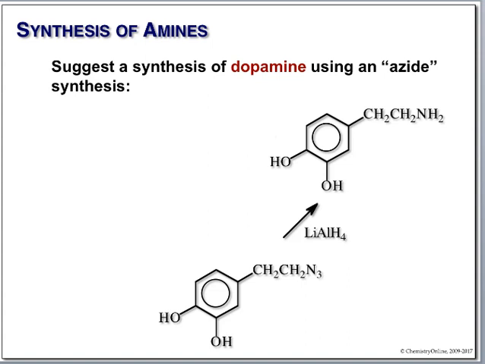Now you ask, how do you make the azide? Well, remember, that's just a simple SN2 reaction with an alkyl halide. So up here, draw the structure of the alkyl halide you need to make this azide to make dopamine.